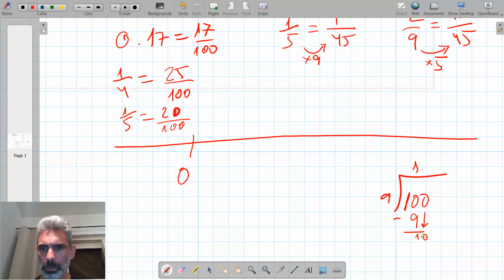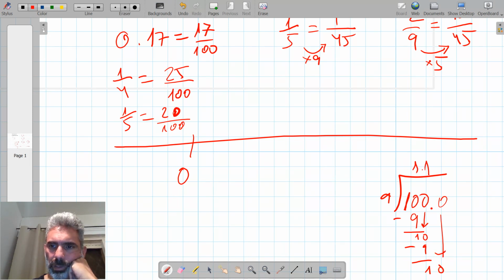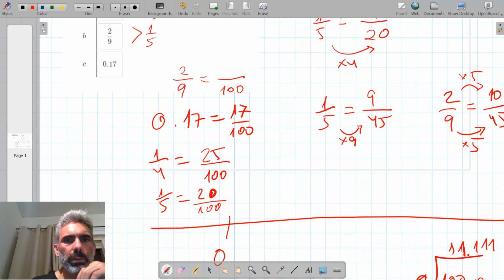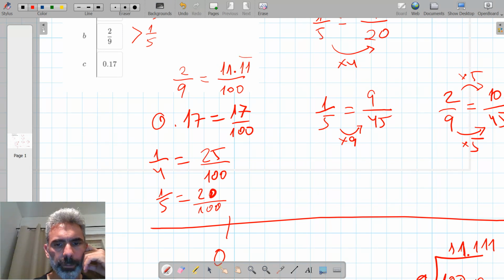Bring it down to 0. 11. So this repeats 11.111. Okay. So 2/9 is 11.11 indefinitely.